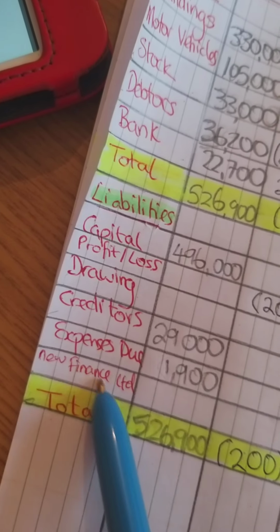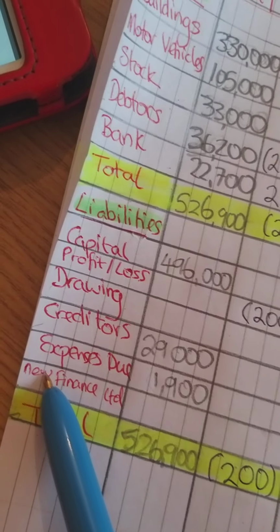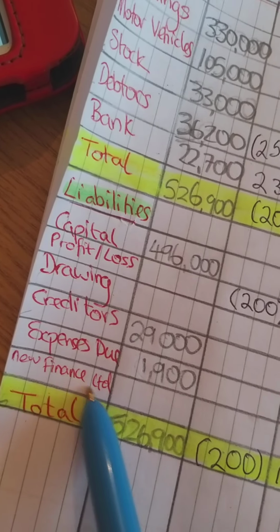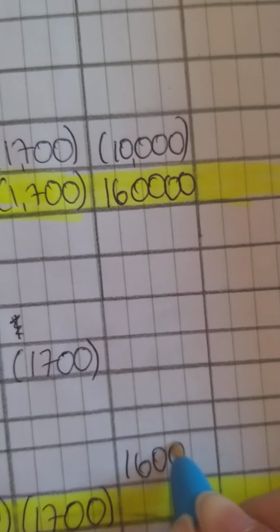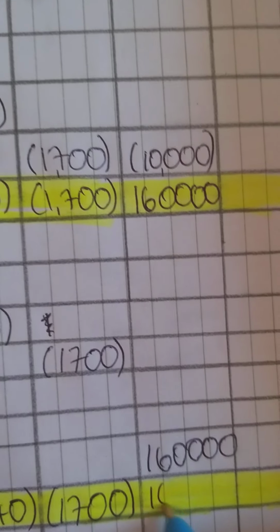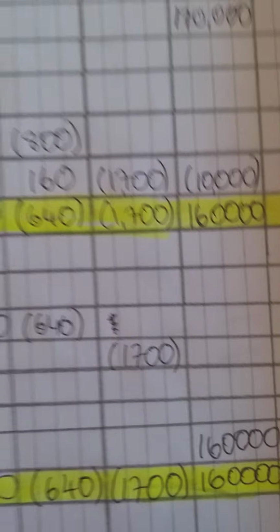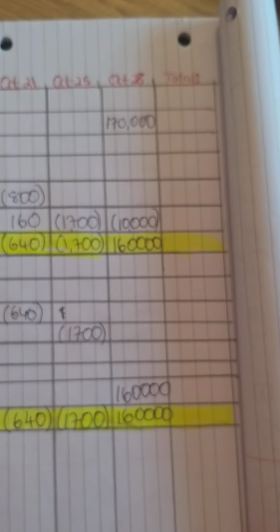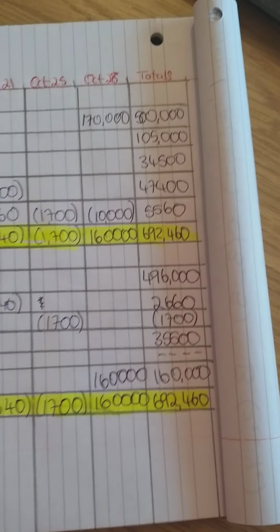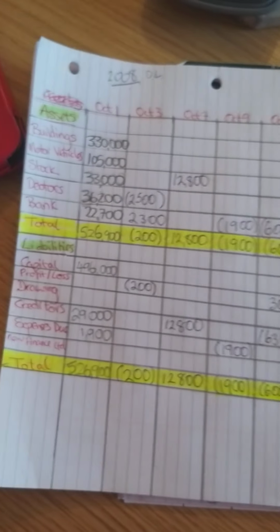Okay, the cost was 170, you paid 10,000, so you got the rest from New Finance Ltd, so that means it must have been 160,000, and that'll give you a total of 160,000. Okay, so just going to do the totals now, and there they are. So we're all done.